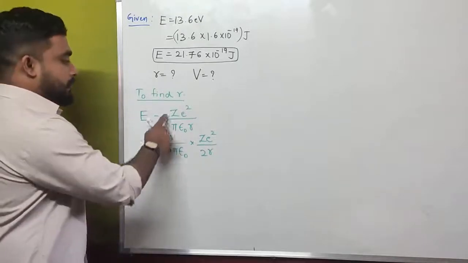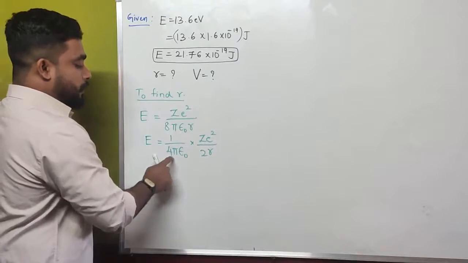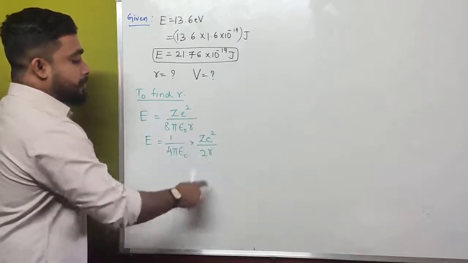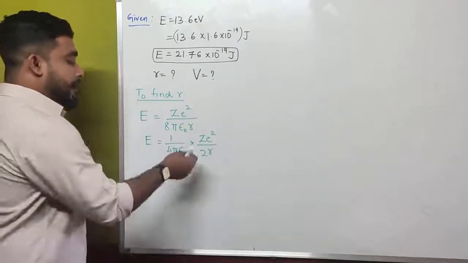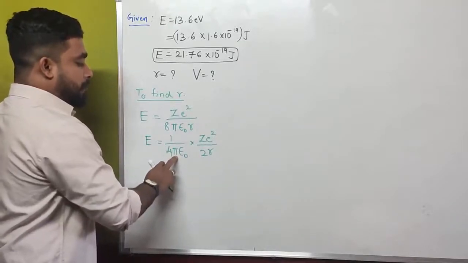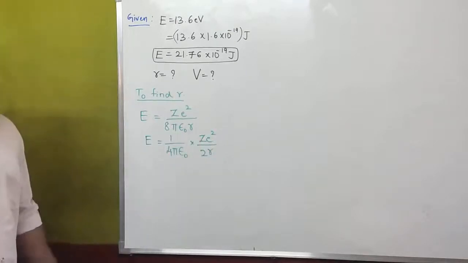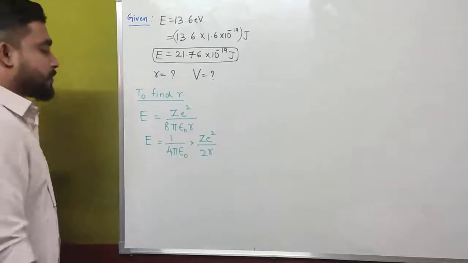That is E equal to Ze square divided by 8 pi epsilon naught R has become 1 divided by 4 pi epsilon naught into Ze square divided by 2R. If we reshuffle the expression again, the expression will be the same.